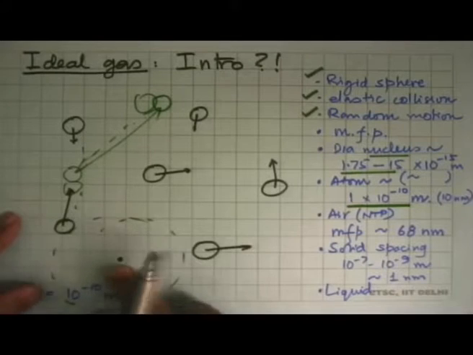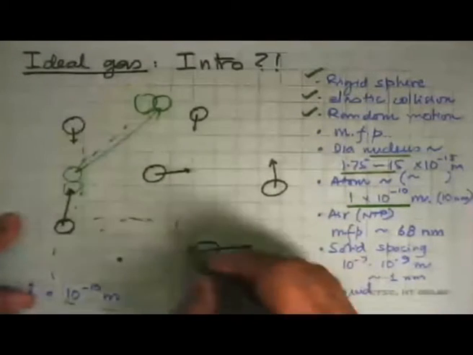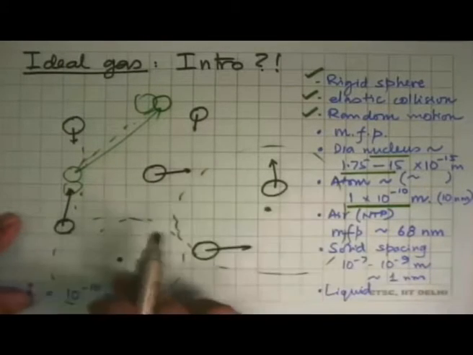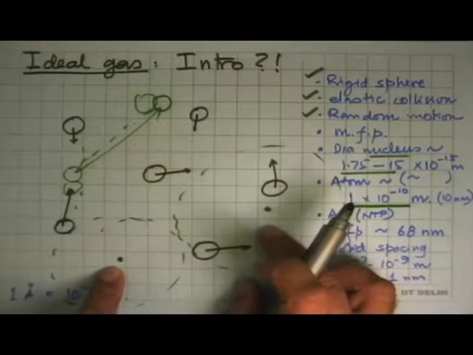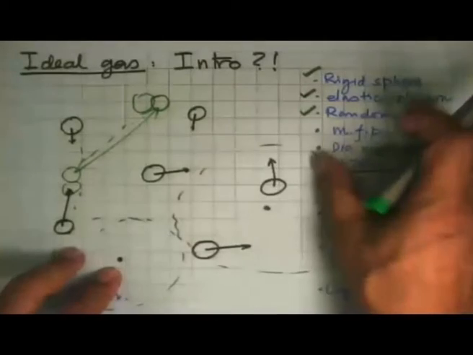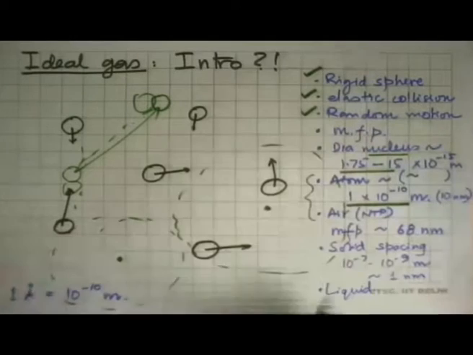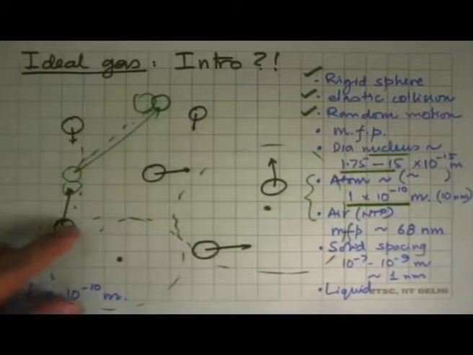And that's a huge space. And the next molecule, the closest that it will be, is one whose electron cloud touches this one. And when it touches, this could either be a solid or a liquid. This doesn't happen in a gas. These two are very far apart and they're hitting each other. So this gives you an idea about the typical sizes of the nucleus and the size of the atom.